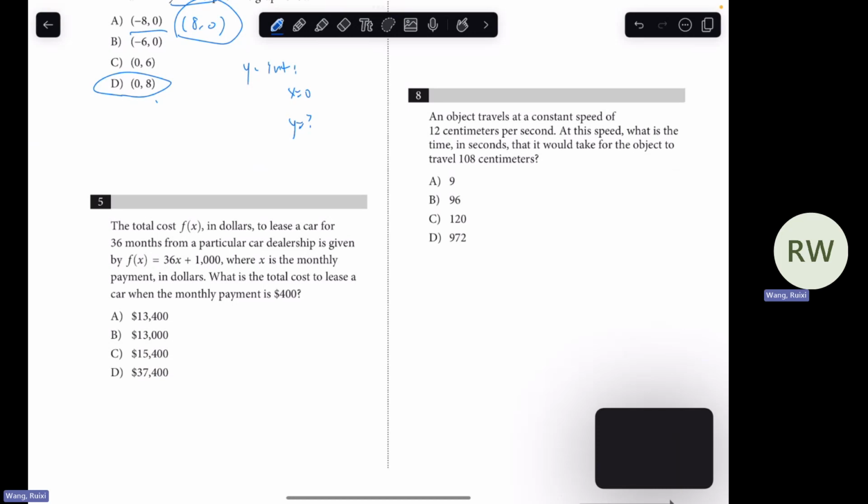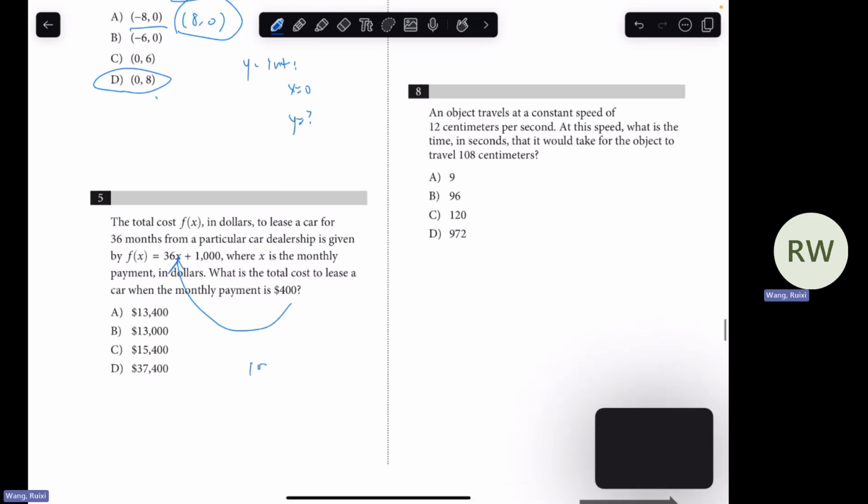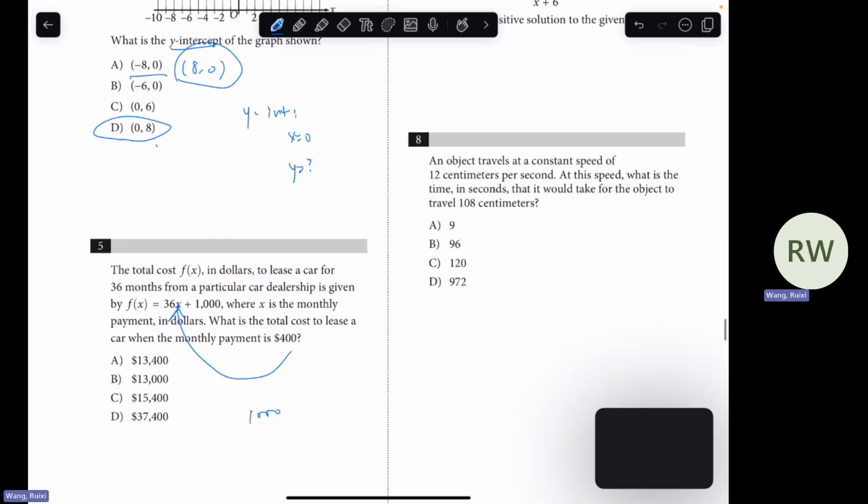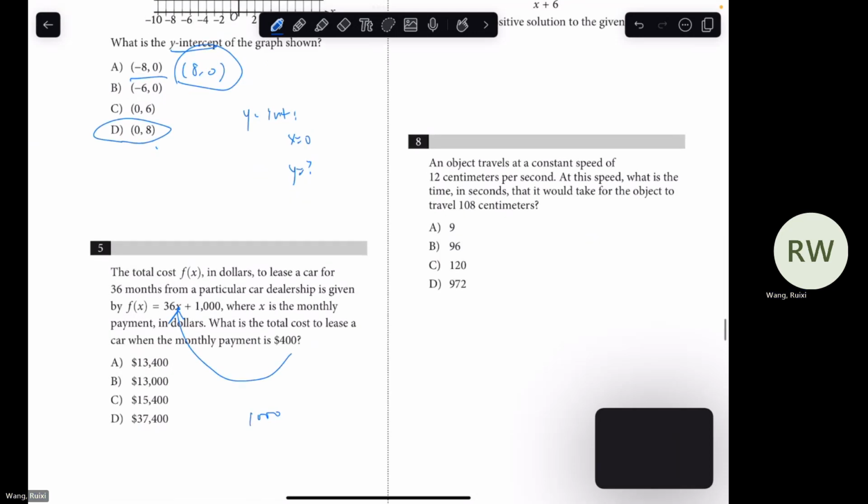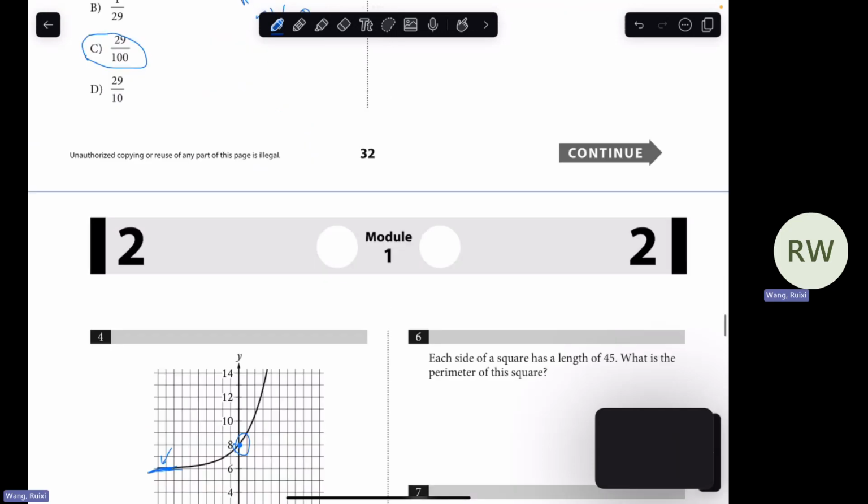So the next one will cost... It's a multiple handle is 400, so it's basically just to plug and see. So you get 1000 plus, and also I'm not sure if this part allows calculator or not.